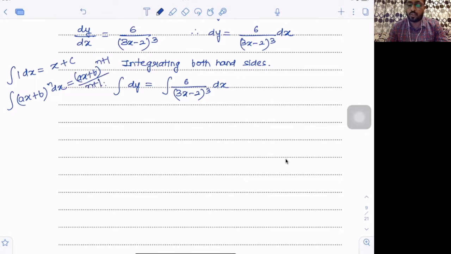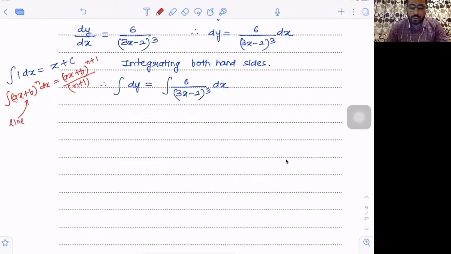So I better use a different colored pen. So integration of ax plus b whole to the power n dx comes out to be ax plus b whole to the power n plus 1 upon n plus 1. Always remember to divide the entire answer by the coefficient of x. So this is a linear expression, students.